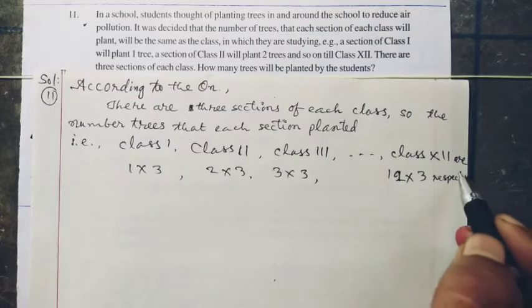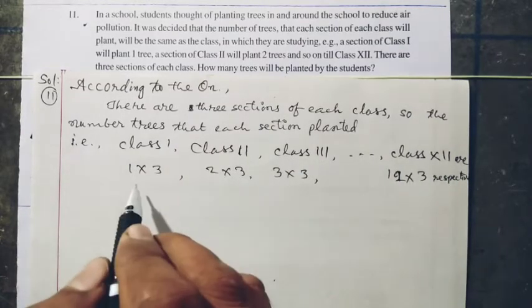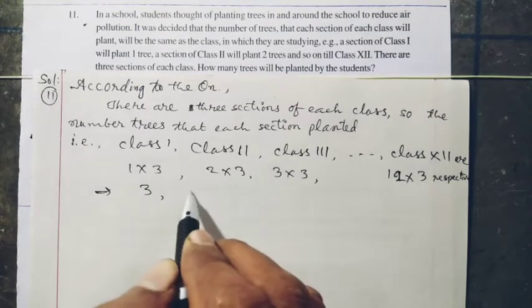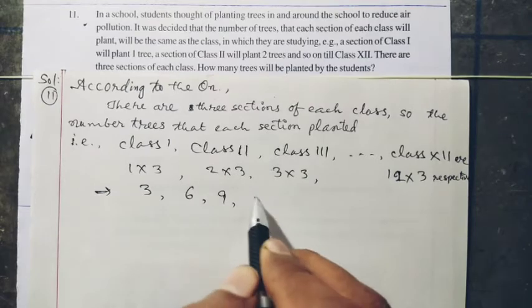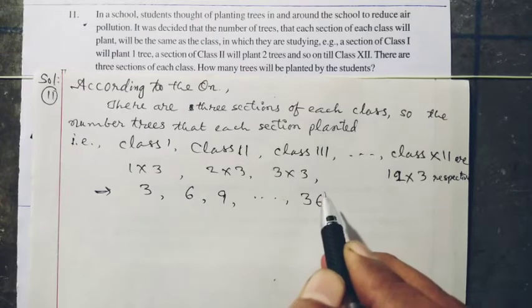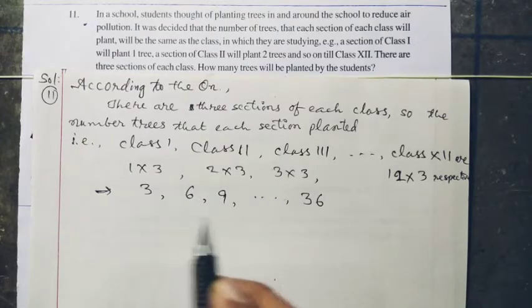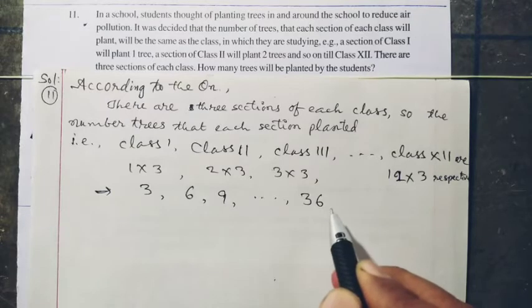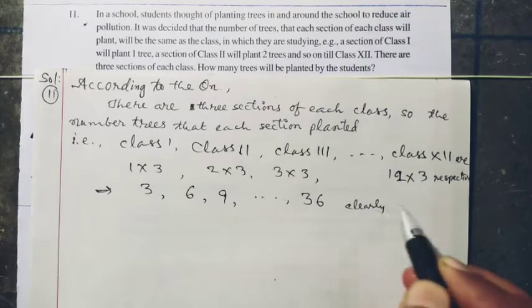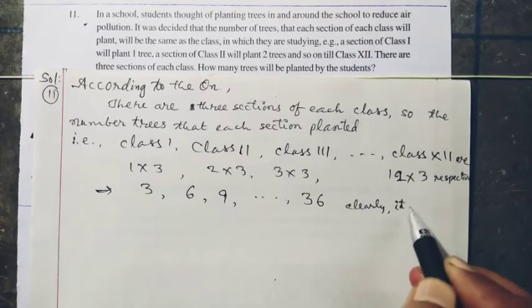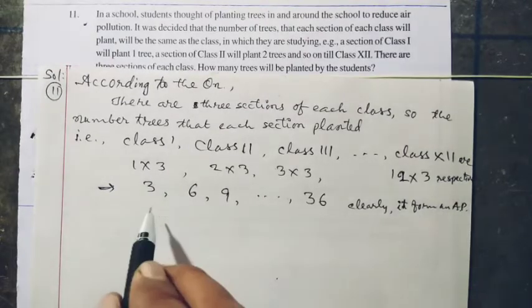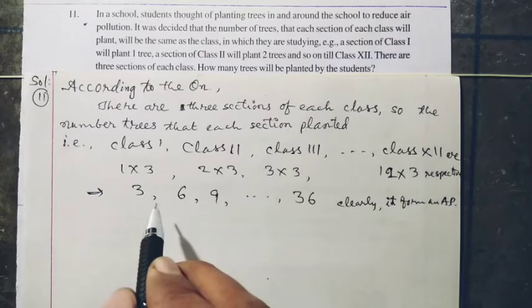So like this, 3 1s are 3, 3 2s are 6, 3 3s are 9, and so on, 12 3s are 36. Clearly it forms an AP, increasing by 3.